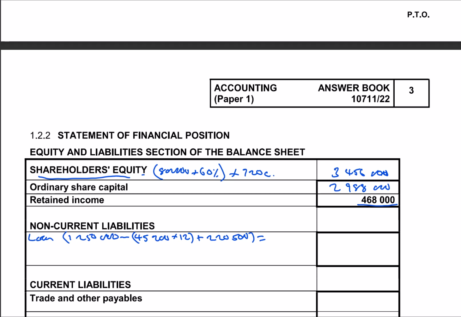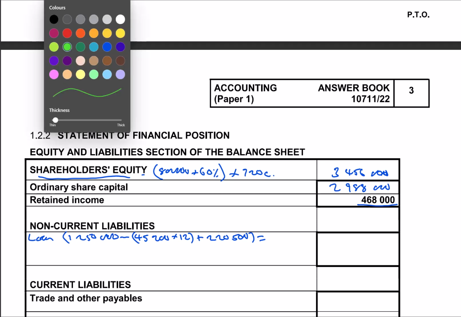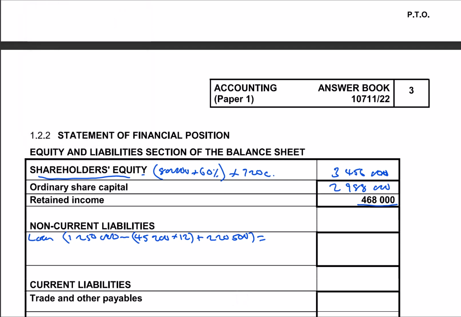So 1,250,000 minus 542,400, and let me write this in a different color so I don't mix up things. That's 45,200 times 12, that's 542,400.